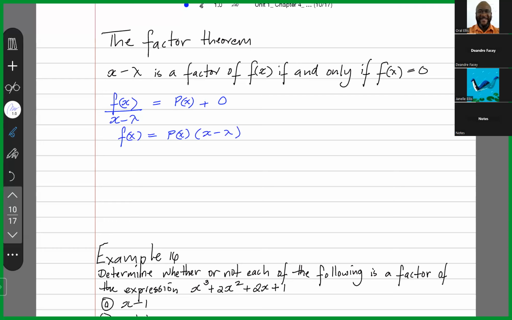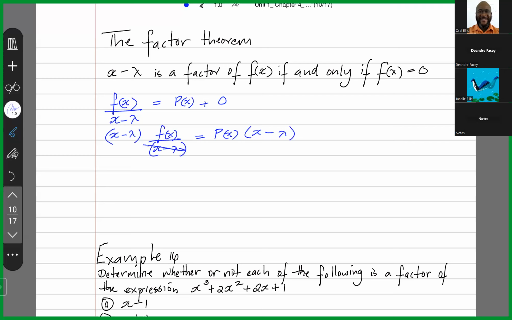I think you all can understand that, but if I had to show it, I have x minus lambda multiplied by f of x over x minus lambda is equal to p of x times x minus lambda.